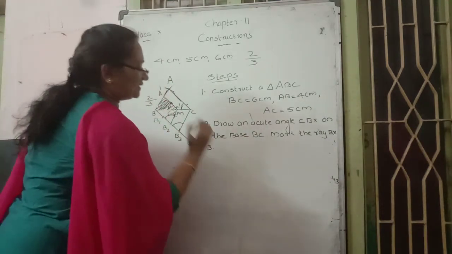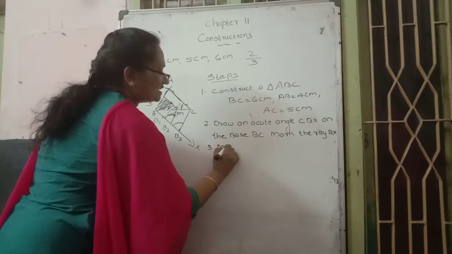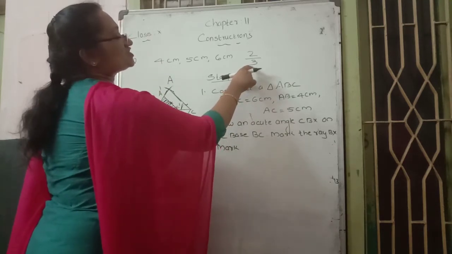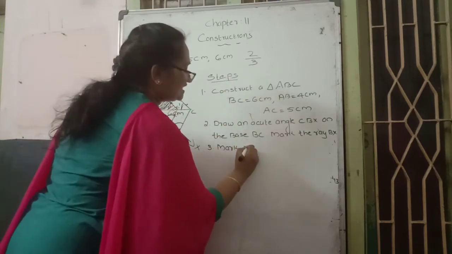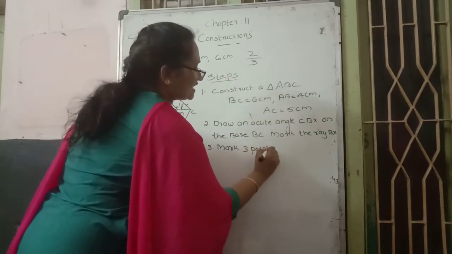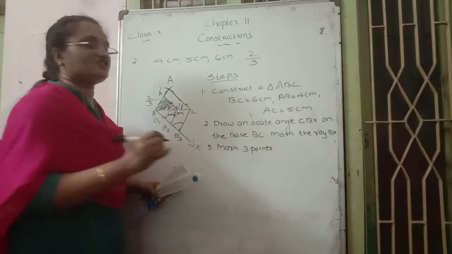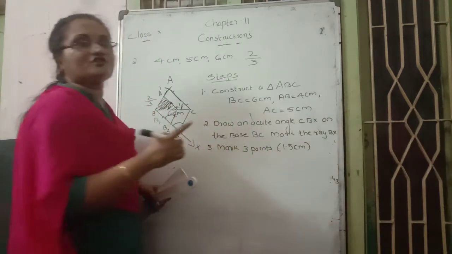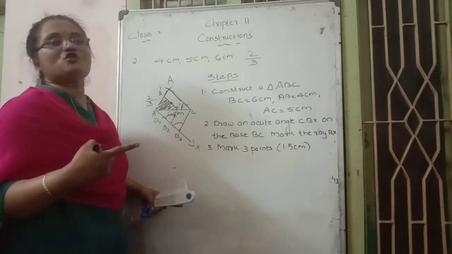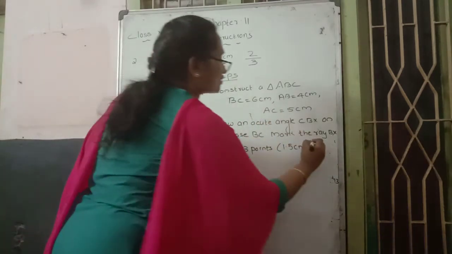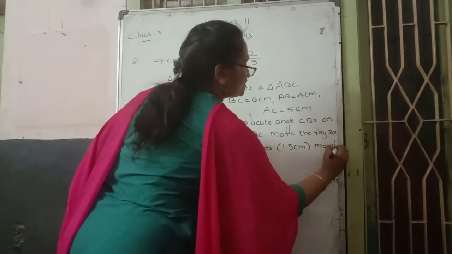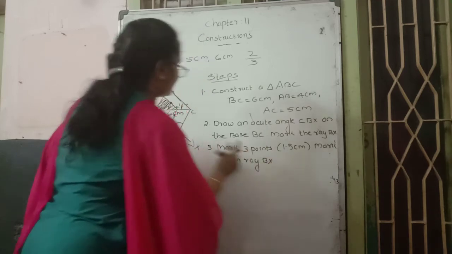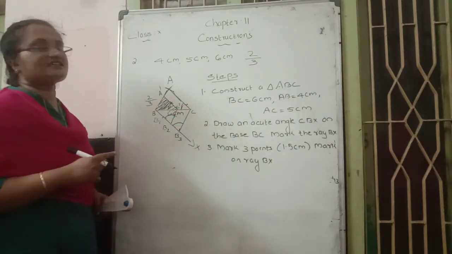Then the third step: mark points on the basis of the scale factor's denominator, which is 3. Mark 3 points, each at a distance of 1.5 centimeter. Mark those 3 points on the ray BX.